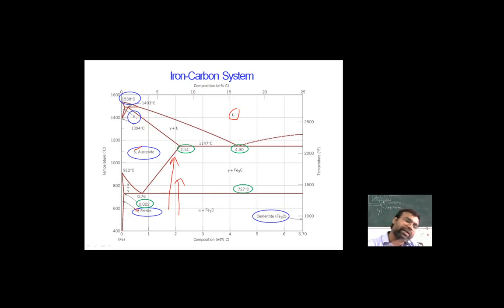So they contain various phases: the first one is the liquid, the second is the intermediate compound, that is the solid and liquid combination, and then the pure solid form. At these various combinations, you can see in this figure, this is the liquid solution, this is the combination of the austenite and the liquid solution.